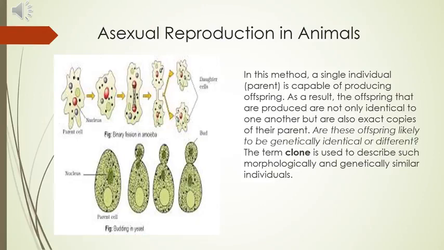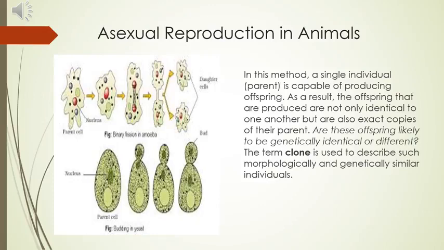For example, if a unicellular organism starts reproducing, the temperature and environmental factors may be one thing, and during the division the environmental factors may change. Then there is a possibility of a little bit of variation.